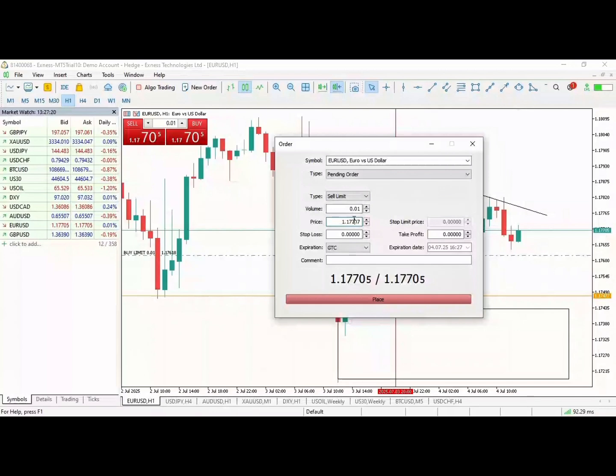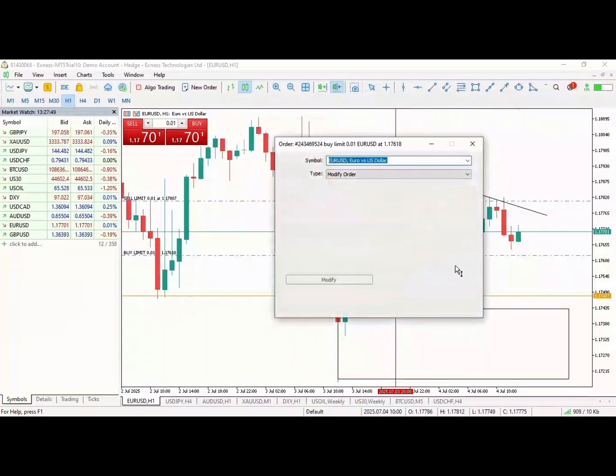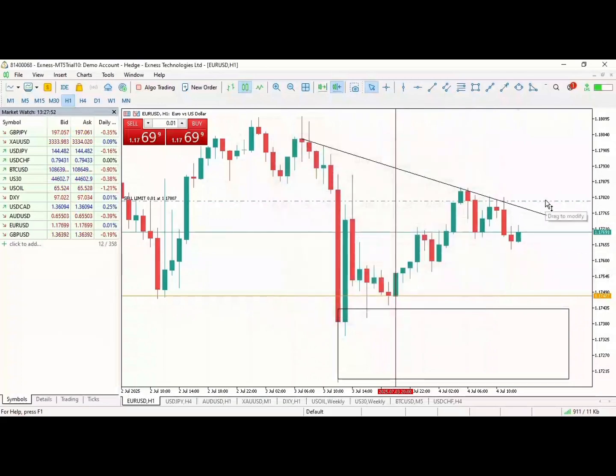Okay, so you see this is a sell limit. If you put it here, the market will come, trigger it, because right now the market is below it. This means the market will sell if the price goes higher than its current price. If it triggers it, it will activate it as a sell trade. Okay, so let me delete these, the limit orders.